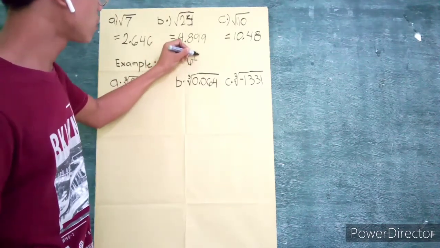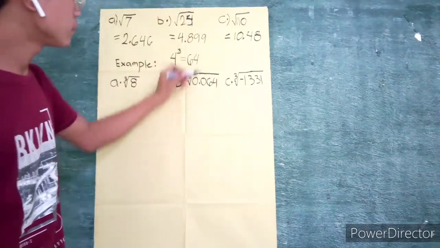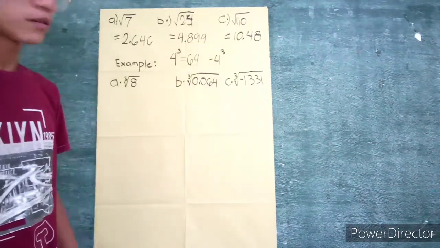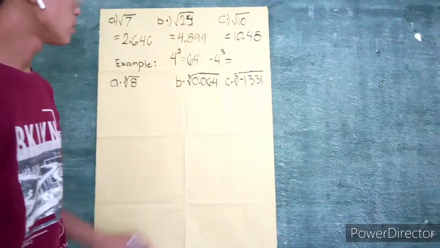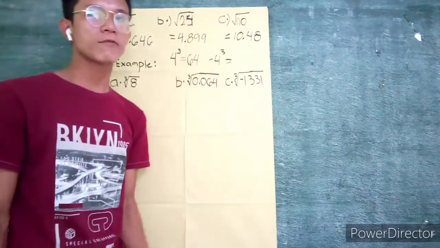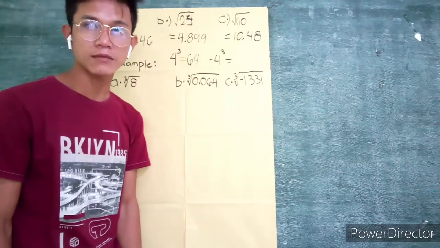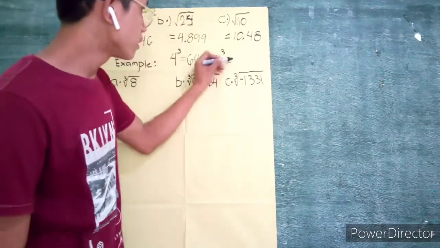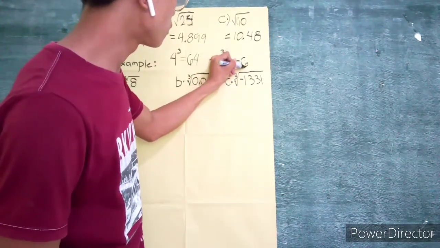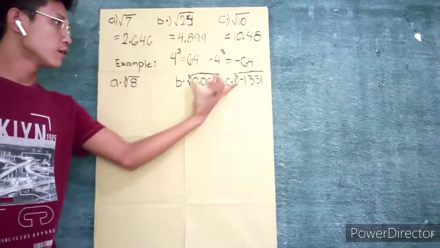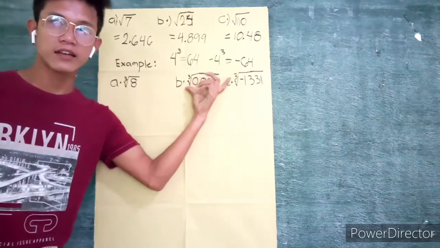Next, negative 4 raised to 3. Okay. So negative 4 times negative 4, it is positive 16. Positive 16 times negative 4, it is negative 64. So the answer or the product is different, okay?